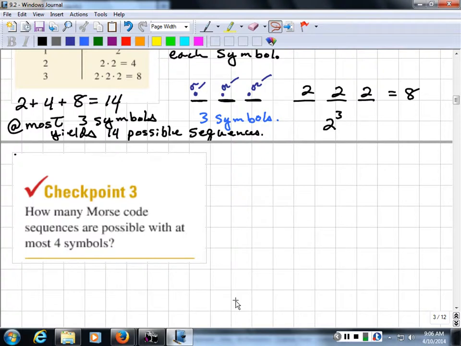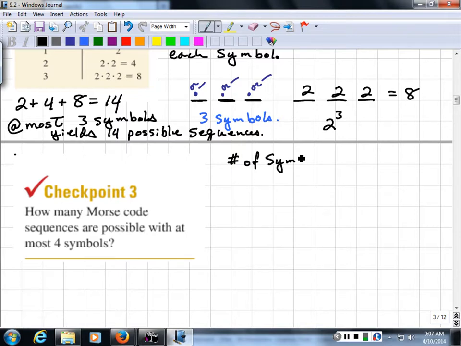We take the fact that we're looking at the number of symbols and the number of sequences. And it's not the fact that I'm going to add together the number of symbols, because I'm not. I'm going to add together the number of sequences.